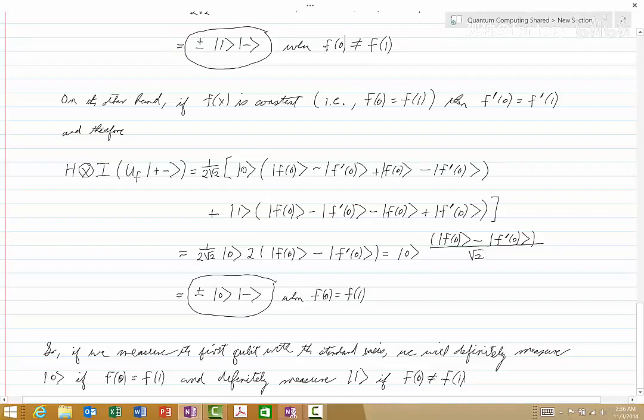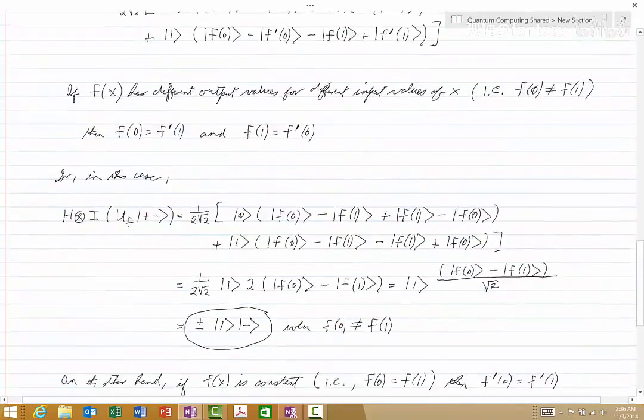So, once again, if f of 0 is not equal to f of 1, we're in this case, and if we measure the first qubit with the standard basis, we would definitely measure 1. And on the other hand, if f of 0 is equal to f of 1, if f is a constant function, and we measure the first qubit with the standard basis, then we will definitely measure 0.